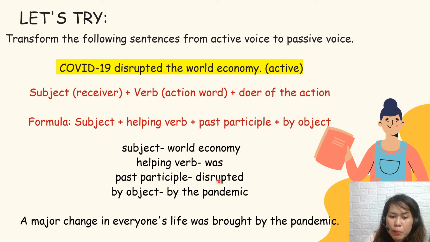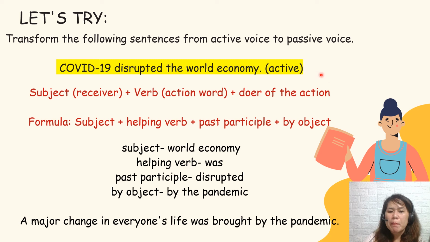Disrupted, past participle na yan, kaya ikakopy na lang natin yan. Ang by the object natin, dadagdagan natin ng by the pandemic or COVID-19. So, mangyayari natin yan ay the world economy was disrupted by COVID-19 or by the pandemic.